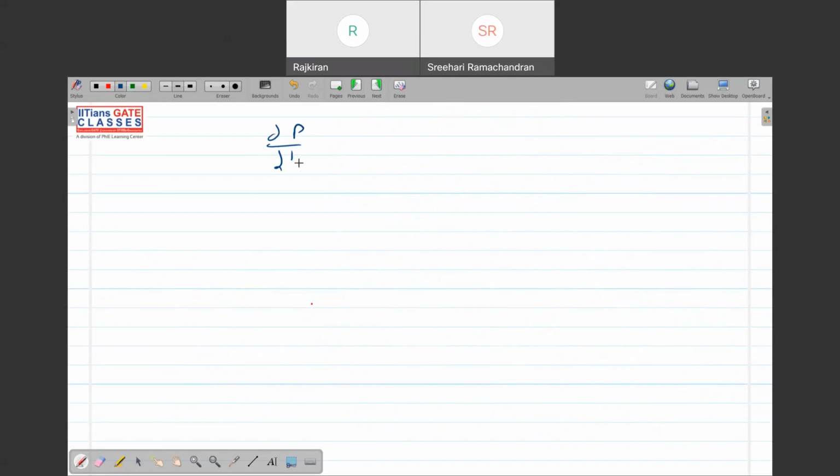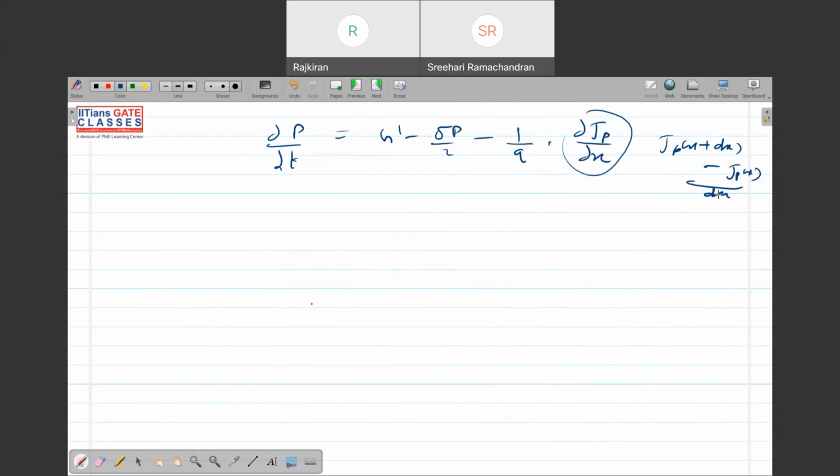So dp by dt is equal to g minus delta p by tau minus 1 by q into djp by dx. Because djp by dx means JPX plus dx minus JPX by dx. When dx becomes very, very small, I convert it into a derivative, right?